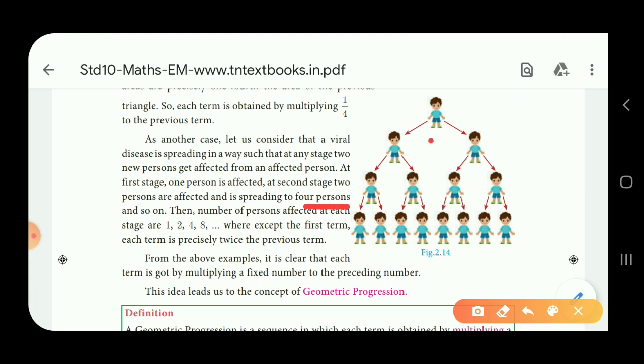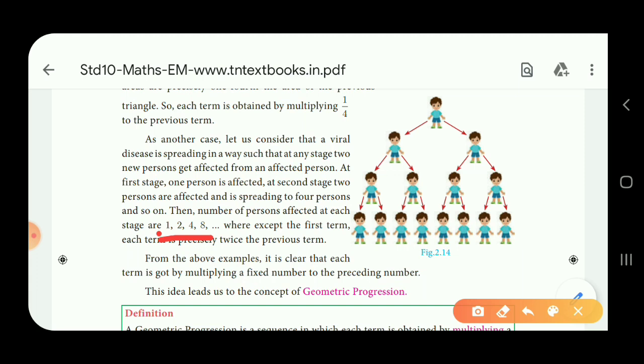So one person affects two others, and then these two persons each affect the next two. So it can continue going on. The number of persons affected at each stage: first one, second two, third four, multiplying the previous by two.